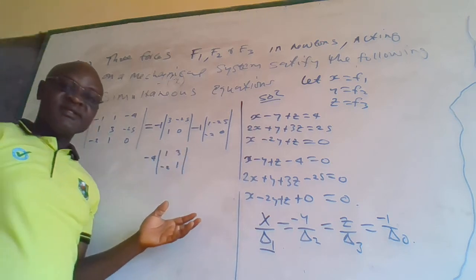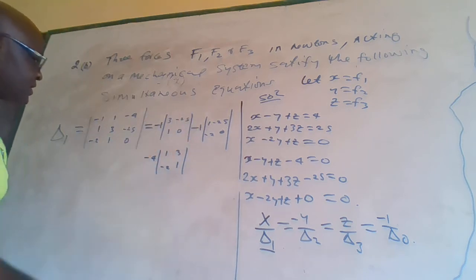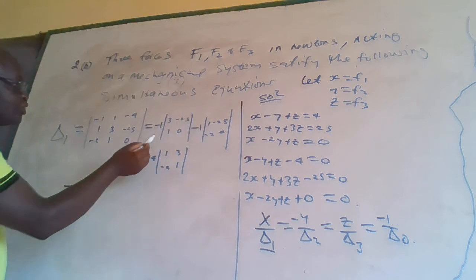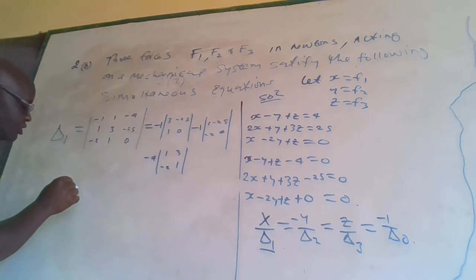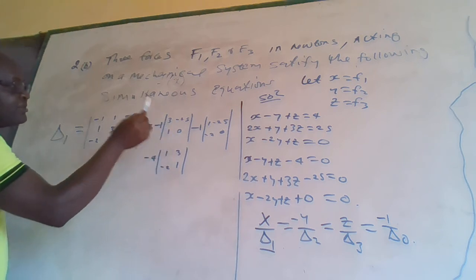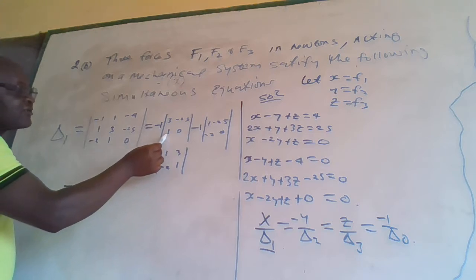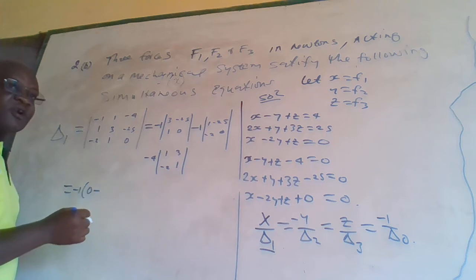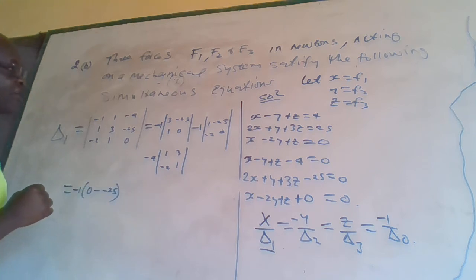Once we have done this, we expand again. So this equals 0 times 3, of course we have 1, negative 1. 0 times 3, we have 0. Then minus negative 1 times negative 25, we get negative 25.